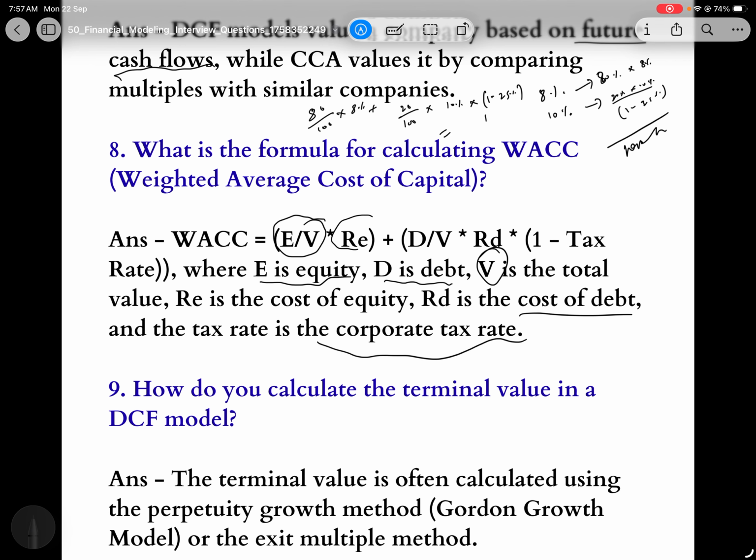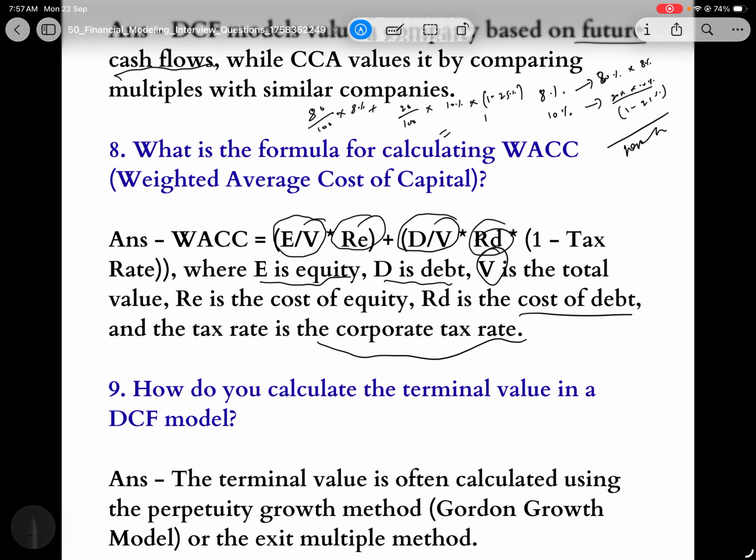Multiplying that with the rate of its capital, right? So that's giving us how much proportion of that 8% we need to get, right? And then for debt as well, it's a similar thing, right? It just depends what the proportion is, which will change our cost of capital, right?